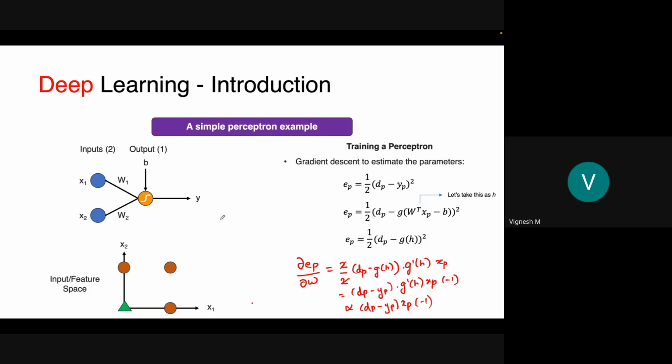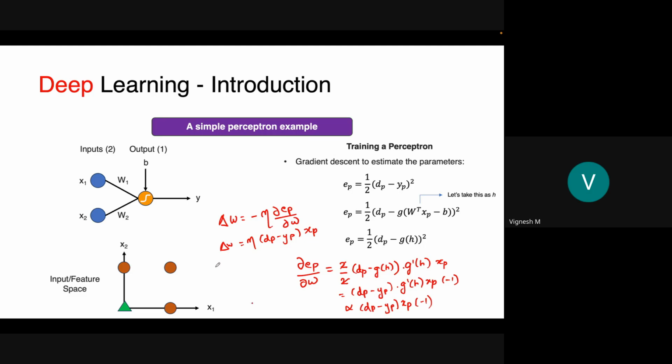So that means the change in w, delta w, is nothing but minus eta times dou ep by dou w, which is equal to eta times dp minus yp into xp. So that's your update rule for w.